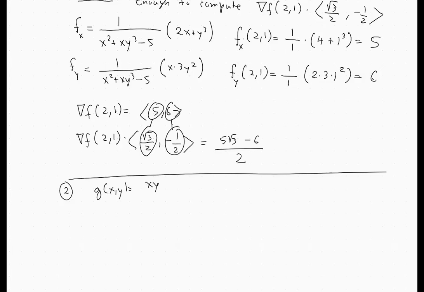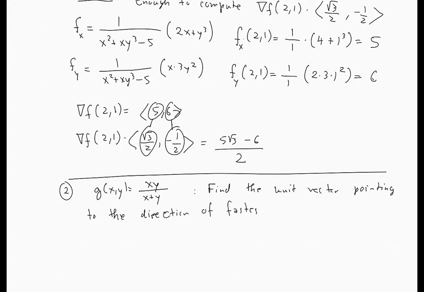And we want to find the unit vector pointing to the direction of fastest increase for g at the point 2 comma negative 1.